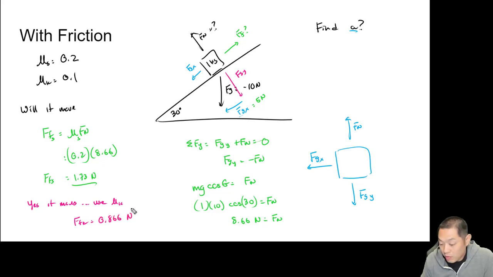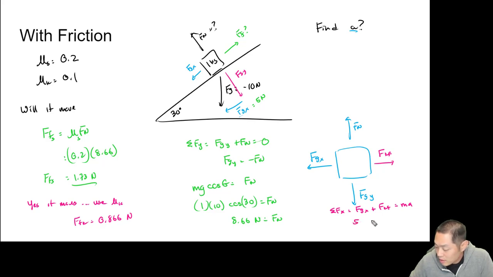And we're just going to do the sum of all forces in that direction. So here we're going to add one more force, force of kinetic friction. And we want to find the sum of all forces in the x direction. So you have Fgx plus Fk is equal to ma. This one was 5 minus this one, which is 0.866.